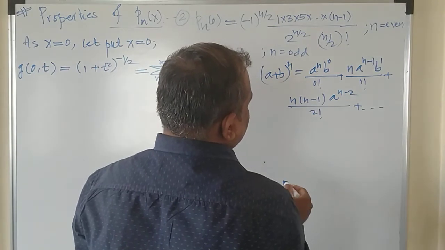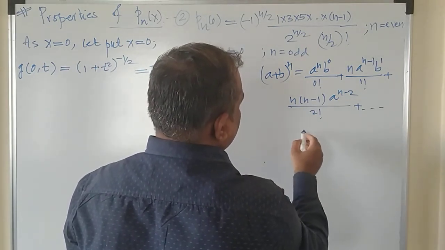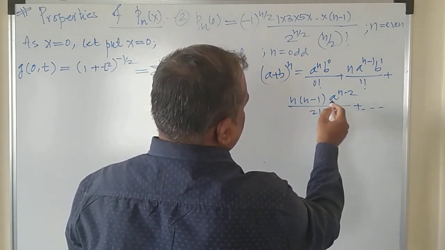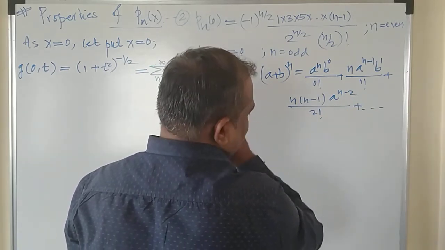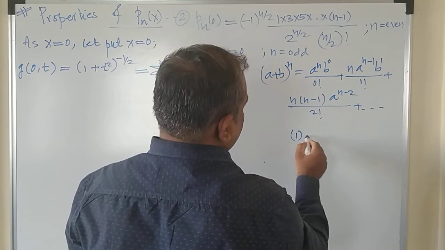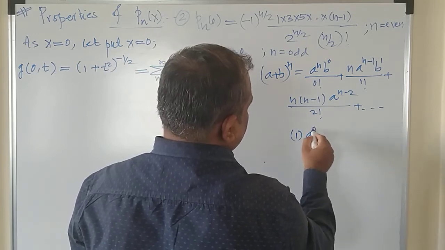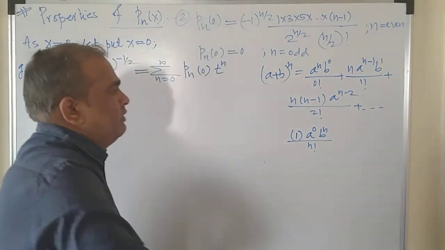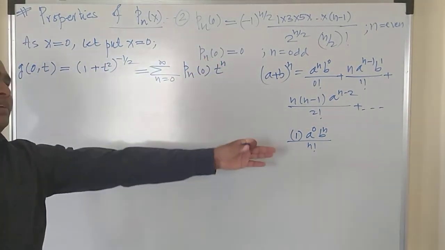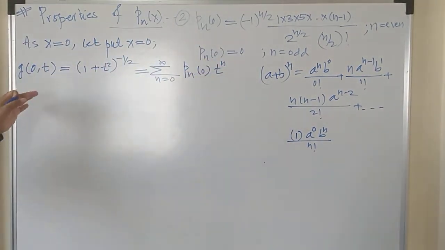In this way this continues, and the last term you will get n into n minus 1 into n minus 2 and so on, and you will be left with the last term, which is 1 into a raised to power n minus n is 0, b raised to power n upon n factorial, right? So this is the binomial expansion that we have studied. Use the same over here.